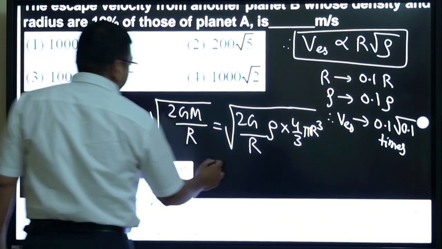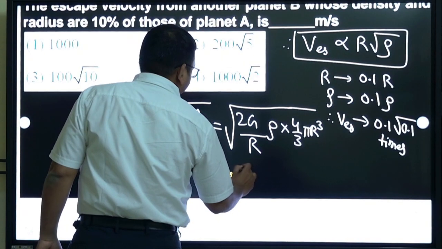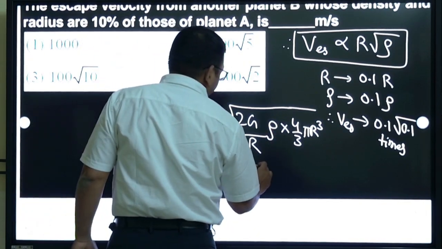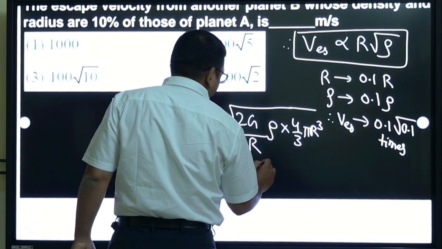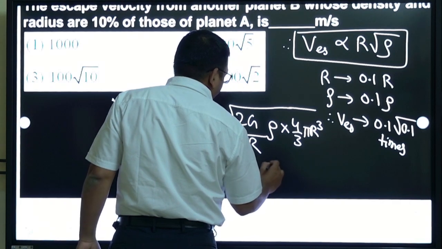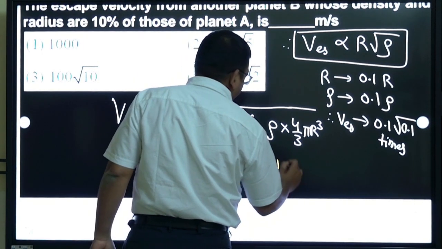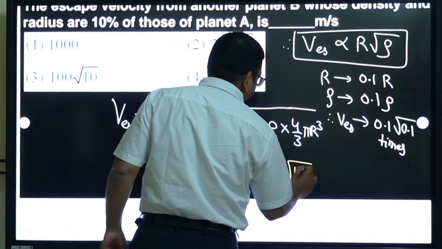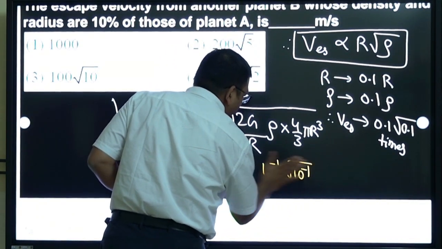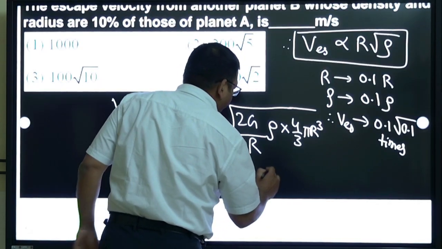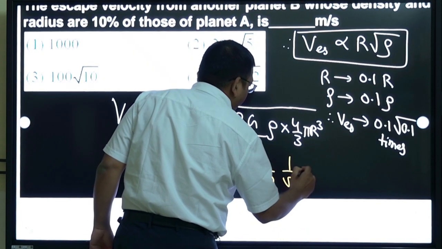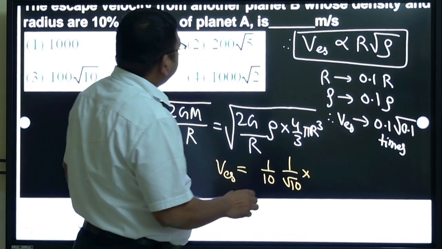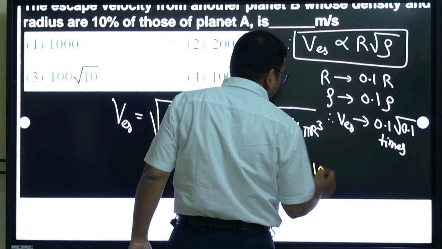So this escape velocity will be 0.1, that means 10 to the power minus 1, and this is root under 10 to the power minus 1, that means root 10. You can say that. Let us write this like this: this is 1 by 10 and this is 1 by root 10, correct? And that is 10 kilometer per second.